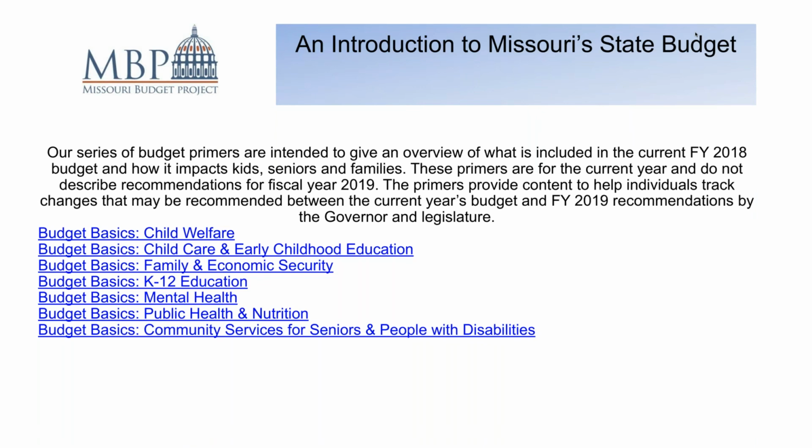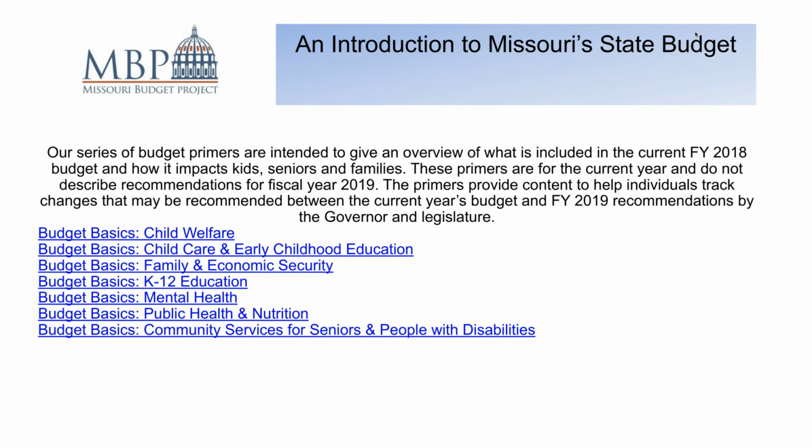One other thing, the Missouri Budget Project puts out what we call budget primers, separated into different issue areas. So you can see here we have budget basics for child welfare, child care and early childhood education, family and economic security, K through 12 education, mental health, public health and nutrition, community services for seniors and people with disabilities. And this gets down into the nitty gritty. You can find all kinds of historic information about how these programs are budgeted, where the dollars come from, how they're broken down, how they move around.